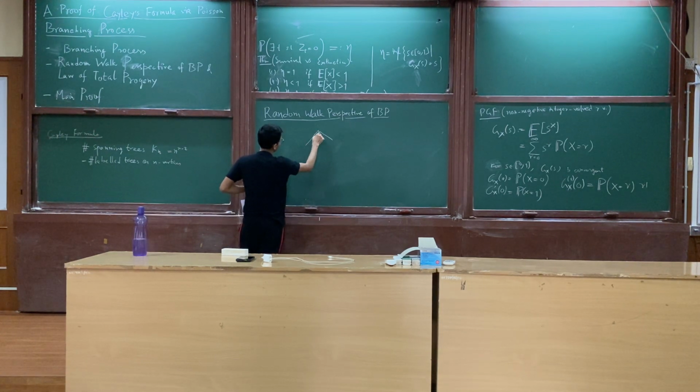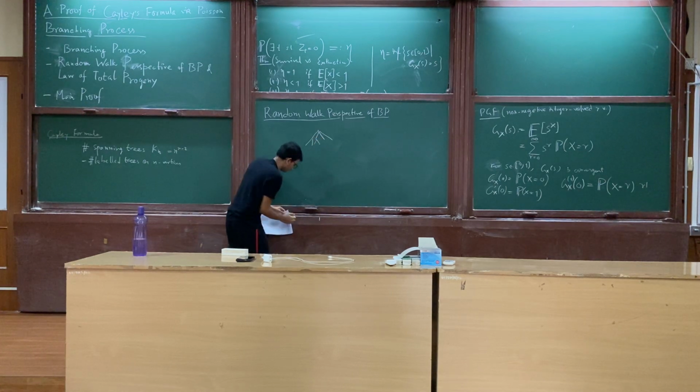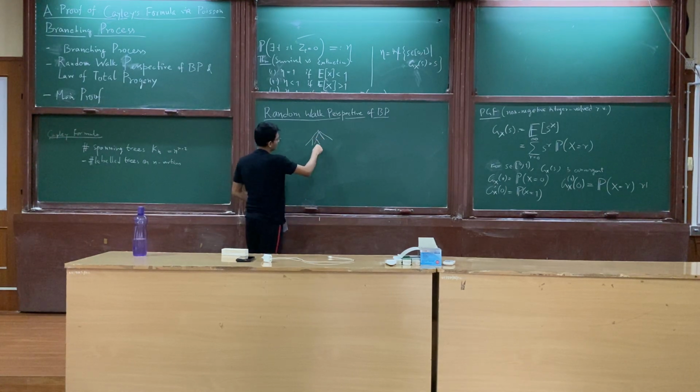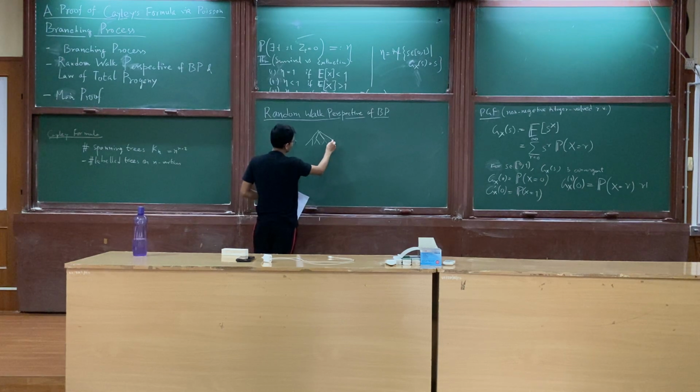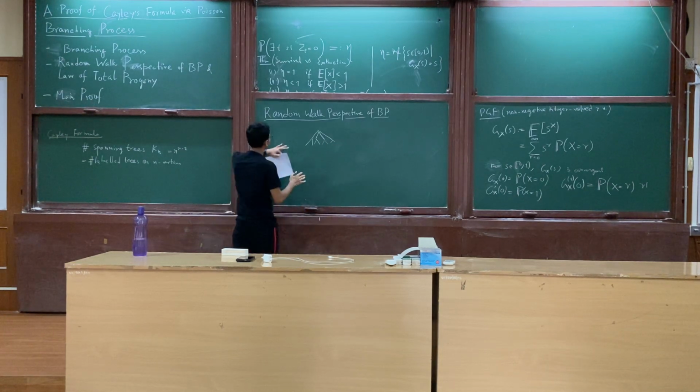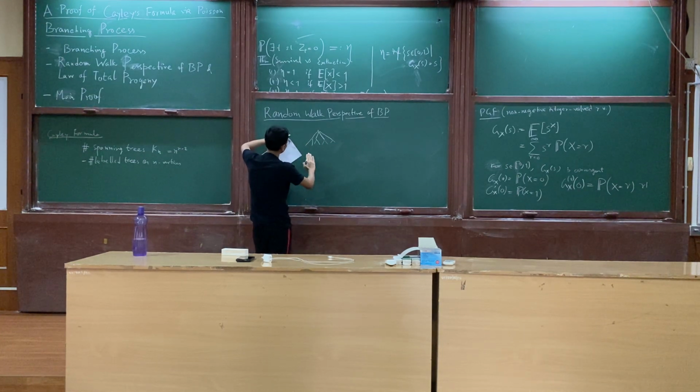That means at time t, all the children generated before this produce the children. Here, instead of doing that, we do it leaf wise.